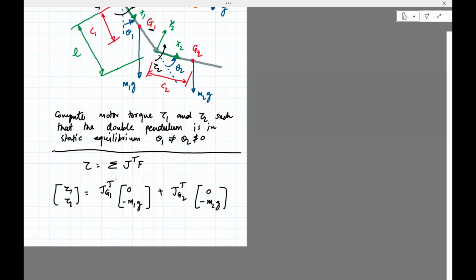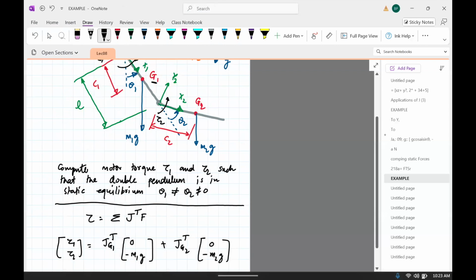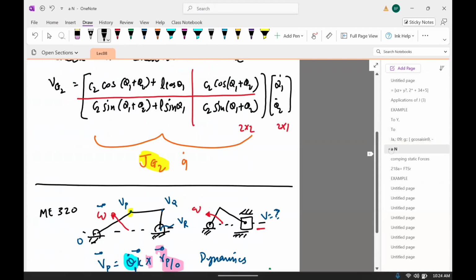Okay, so we had derived an equation for JG1 and JG2 in the last class when we talked about velocity. So we'll just reuse that. What's JG1, JG2? We had it over here, I think.